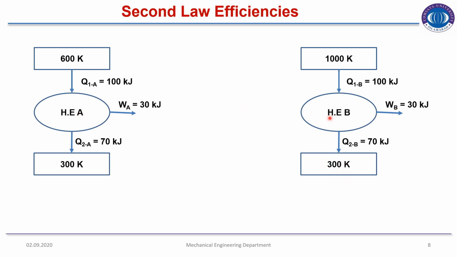You can see that only the source temperature of heat engine A is less than heat engine B, whereas all other parameters are the same.